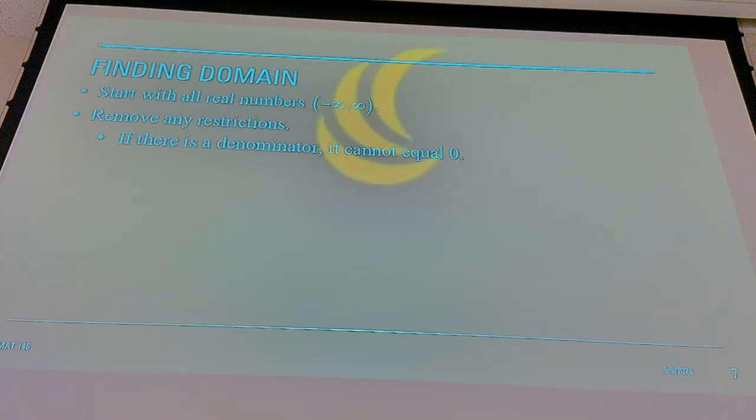The second has to do with radicals. Two types of radicals: you have an even index and an odd index. Square root would be even index, cube root is odd. Dealing with the real numbers, what can't you take the square root of?